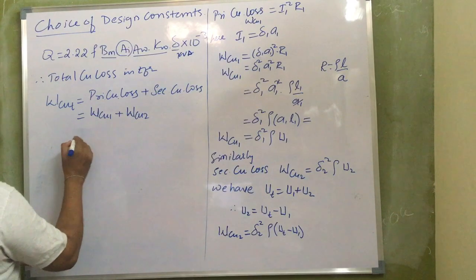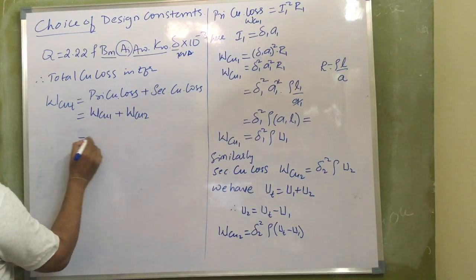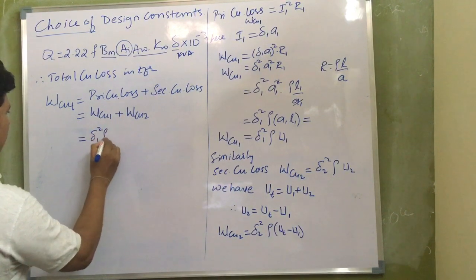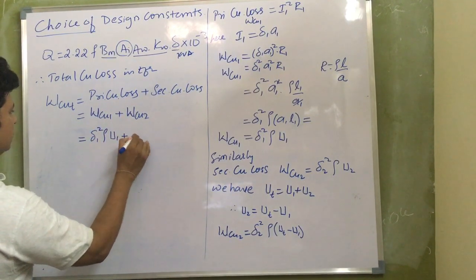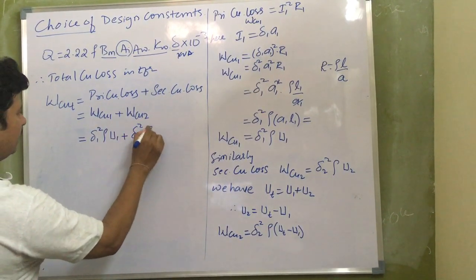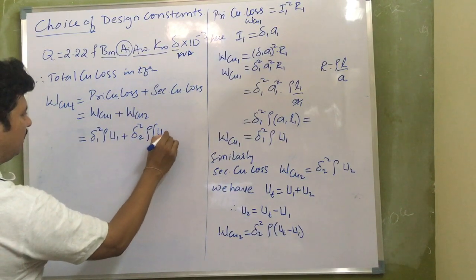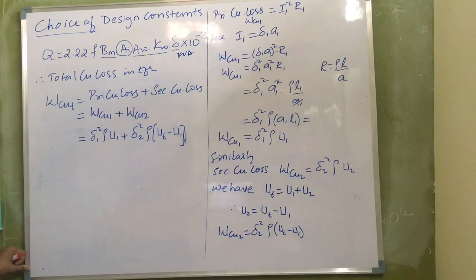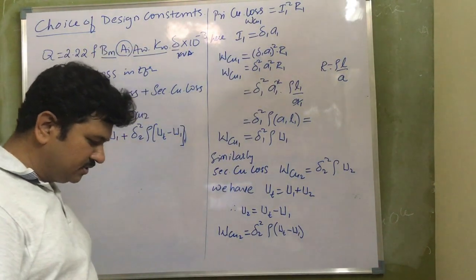Or substituting, this is equal to delta 1 square rho U1 plus delta 2 square rho (UT minus U1).